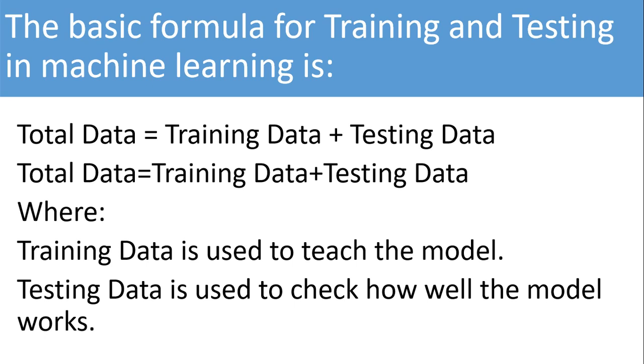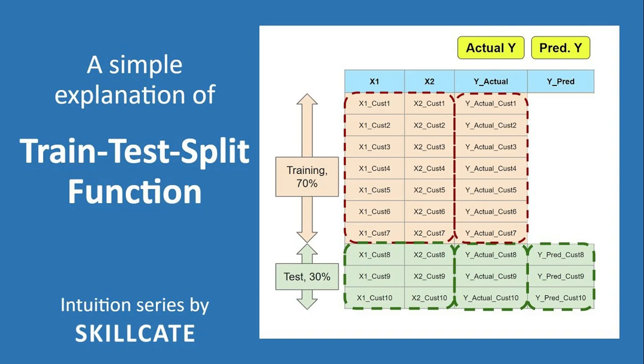Total data is training data plus testing data, where training data is used to teach the model. Testing data is used to check how well a model works. A simple explanation of the train-test split function.